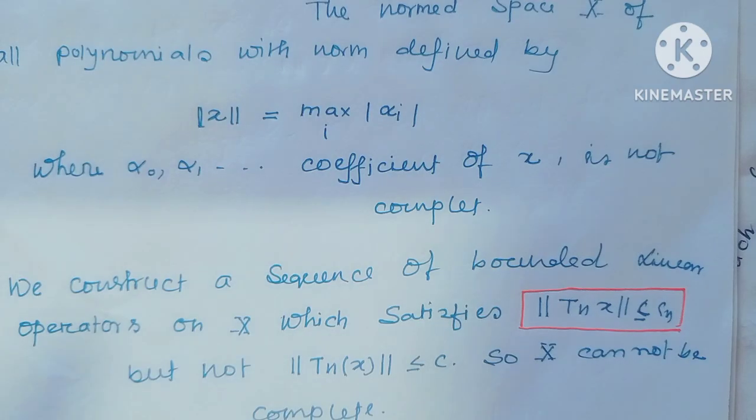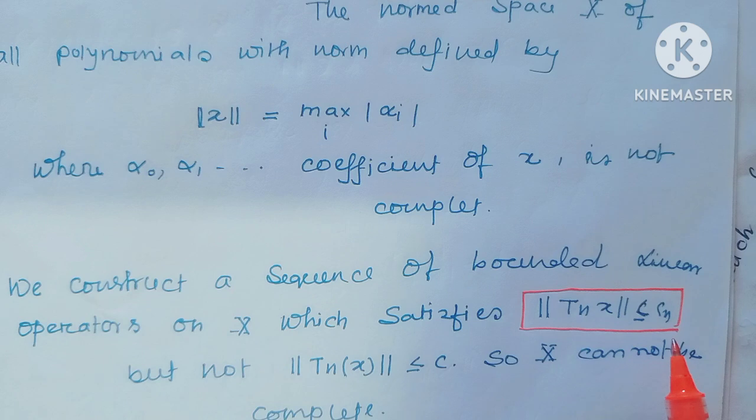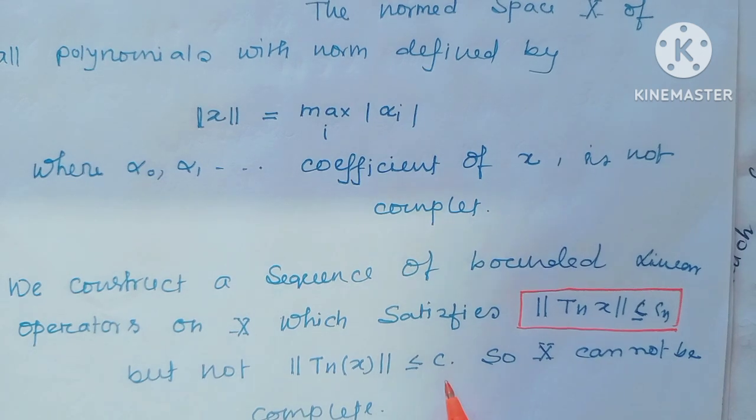That means the pointwise boundedness does not imply the uniform boundedness. Therefore, X cannot be complete, because in a complete space pointwise boundedness implies uniform boundedness. This is actually the use of the Baire category theorem. The Baire category theorem applies when X is complete. Here pointwise boundedness does not imply uniform boundedness.